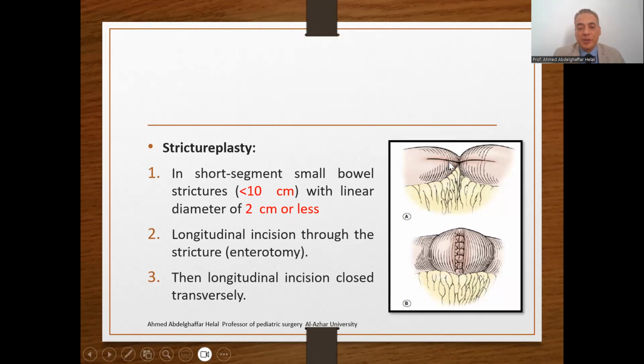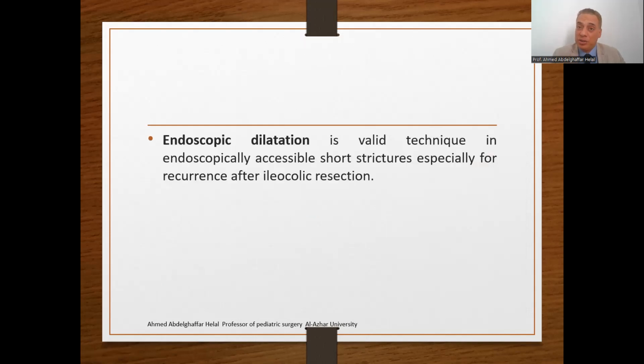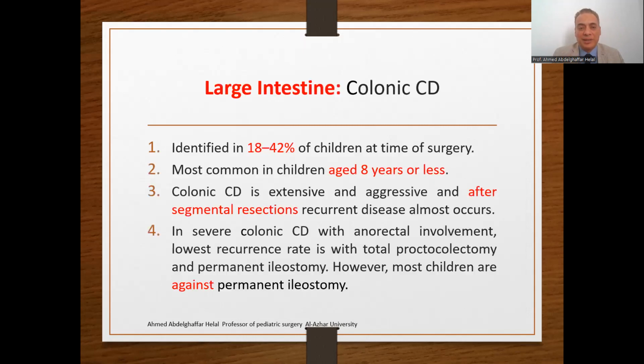A longitudinal incision is made through the stricture area, and then this incision is closed transversely to widen the lumen. This is called bowel-preserving stricturoplasty. Endoscopic dilatation is a valid technique in endoscopically accessible short strictures, especially for recurrence after ileocolic resection. So in the small bowel, you may resect for specific indications, perform stricturoplasty or bowel-preserving stricturoplasty, or perform endoscopic dilatation.